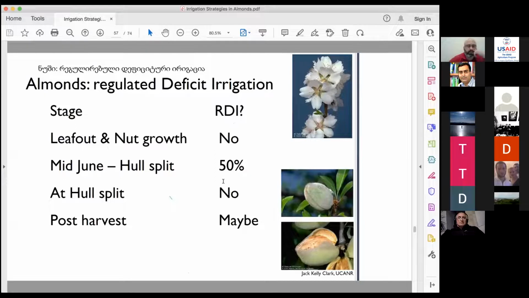At hull split, going forward, we don't want to deficit irrigate because we already irrigated less right before hull split. And then in the post-harvest, it depends on your variety. It depends on your season. So you may be able to apply less irrigation in the post-harvest.